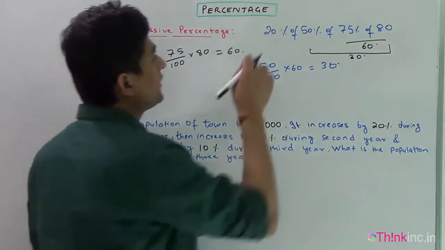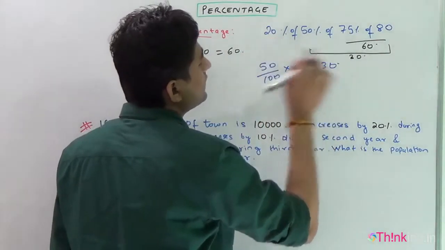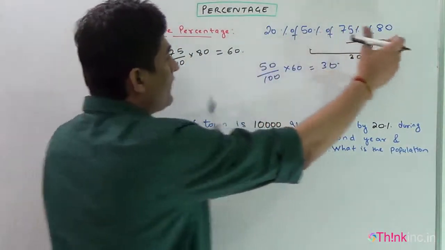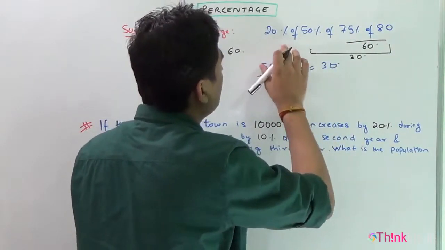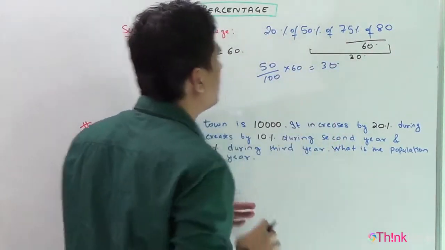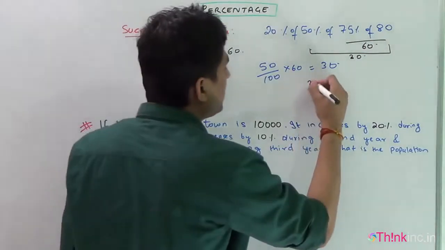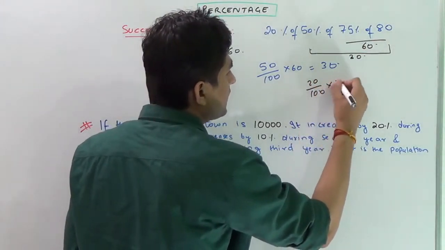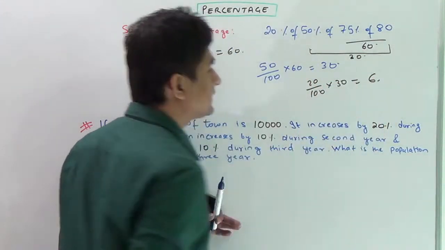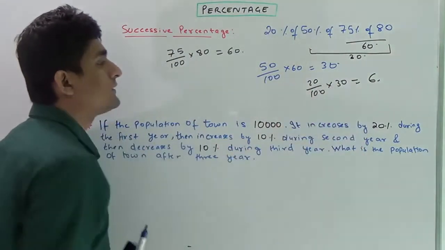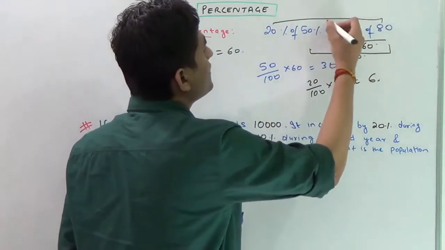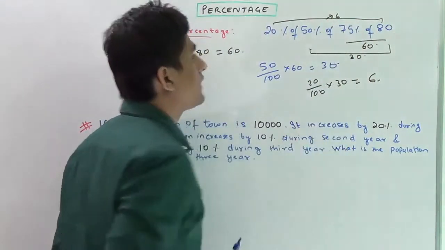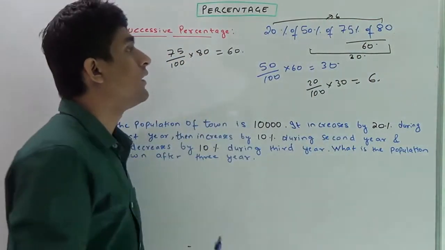Then the expression is reduced to 20% of 30, which will come out to be 20 by 100 into 30 is equal to 6. Okay, that means the value of this whole expression is 6. Therefore, the answer of this expression is 6.